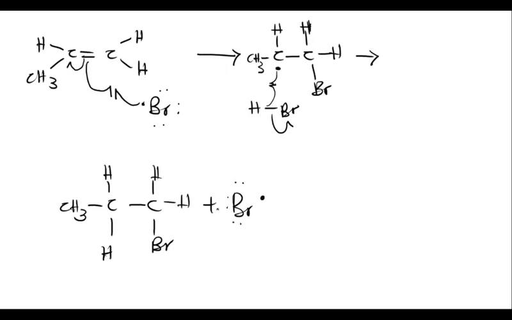Okay, so this is the product that we get, and if there is excess alkene in the solution, this bromine radical will go and react with the propene again to produce this product again, and then the reaction continues.